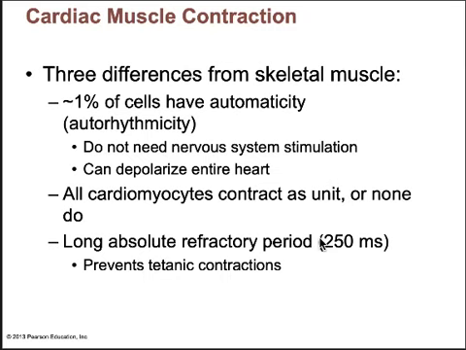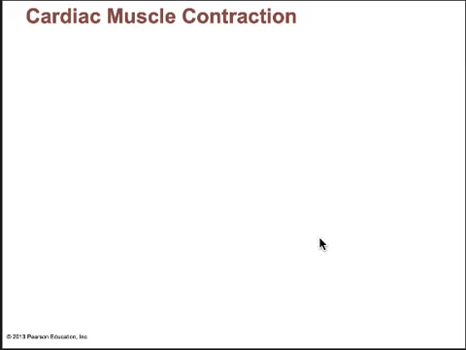Essentially it's a biological fail-safe against what can often happen with skeletal muscle when you overwork it to the point where it goes into lactic acid metabolism and then eventually fatigue. So the heart cannot fatigue as a result of load. That's not to say the heart cannot encounter a load that it can't overcome, but in that case the pumping stops as a result of resistance, and we call that congestive heart failure.